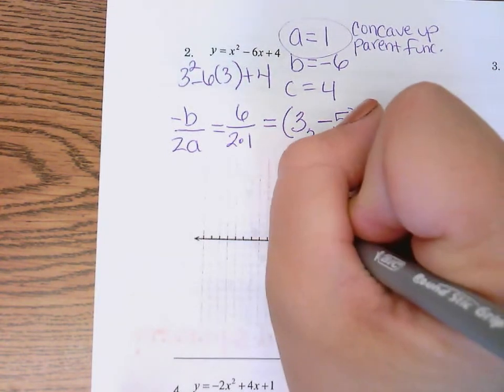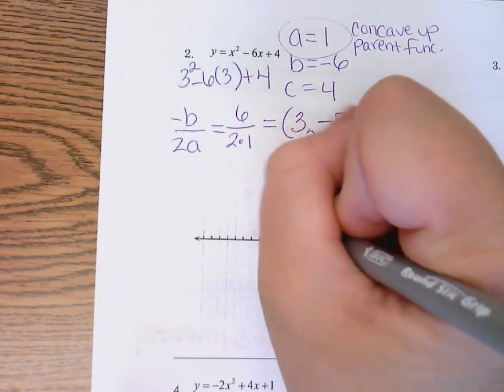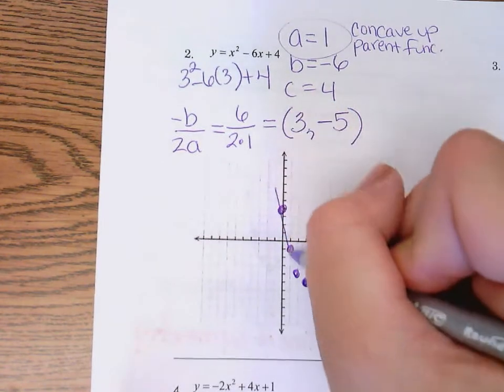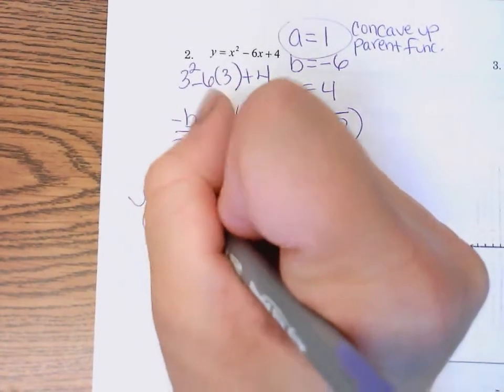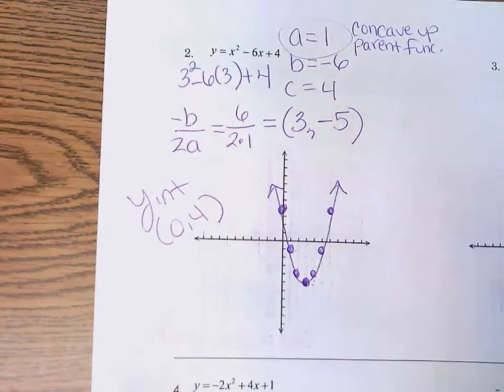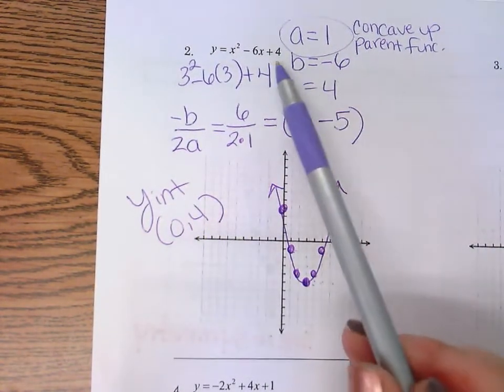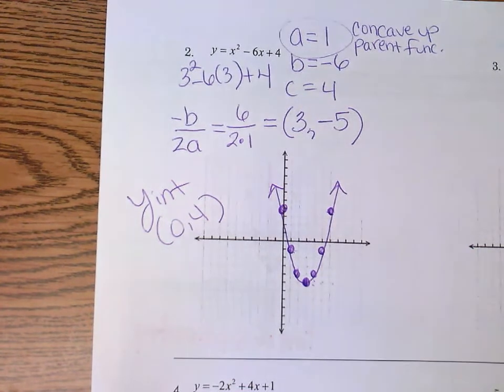So it should hit your y-axis at 4, because that's over 3 up 9, and your y-intercept is 0, 4. And that fits with our C value of 4. So everything should link together. If not, you probably calculated your vertex incorrectly.